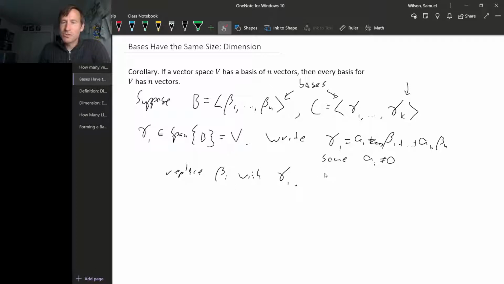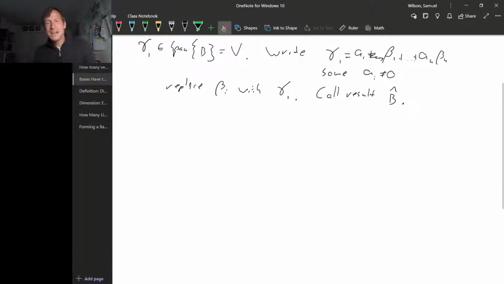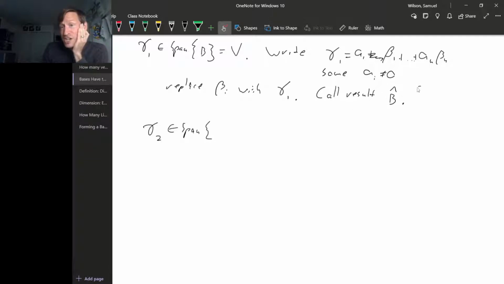So let's call the result B hat, maybe? Okay, so next thing we're going to do is do the same thing, but now with gamma 2. So the exchange theorem tells us that B hat is a basis for V. Actually, let me call this B sub 1, because we're going to have lots of bases floating around.